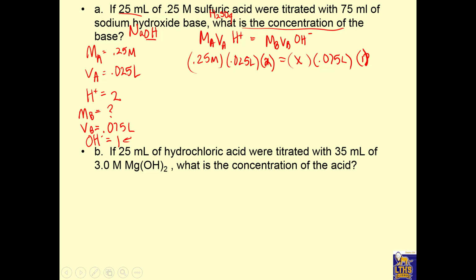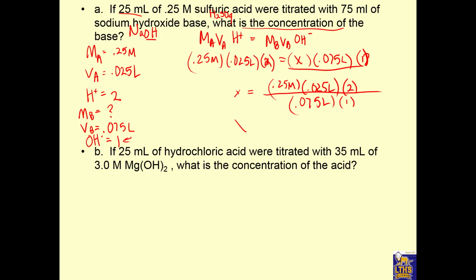When you solve for x by dividing, you get x equal to 0.25 molar times 0.025 liters times 2 moles of hydrogen over 0.075 liters. And notice the liters cancel. You're left with 0.167 molar.